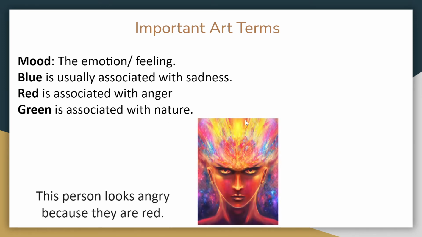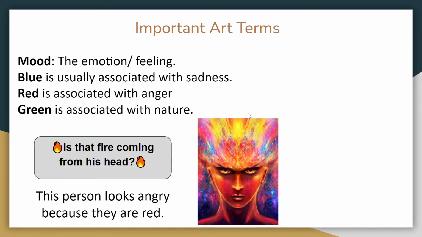If we look here, this person looks angry because they are red. He has a normal looking face, I think, but then because his face and his body is red, it makes him seem angry, like he's very, very upset at something.